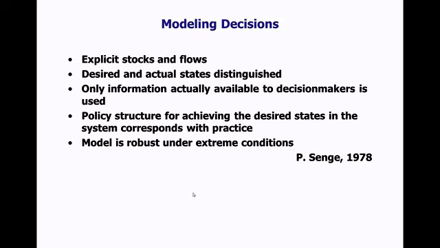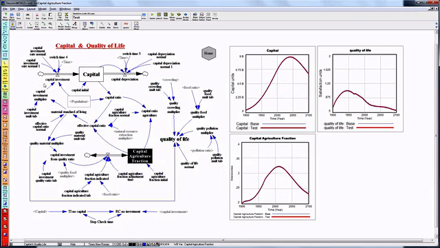So we could go back and look at the model structure and see what's available here. In this case, the investment decision depends on population. Well, that's probably plausible. And on the material standard of living, that's plausible as well.